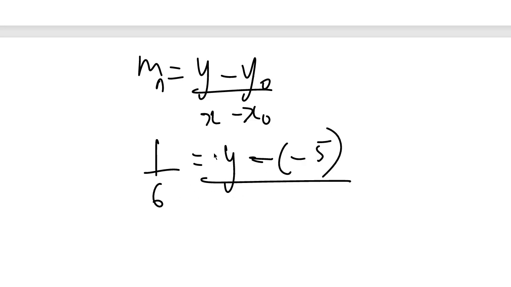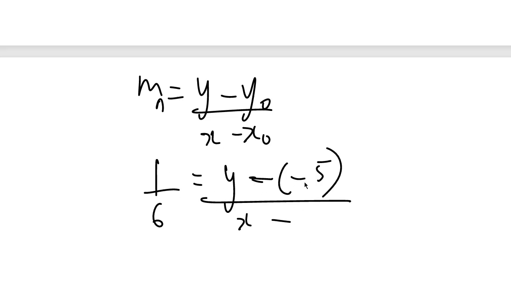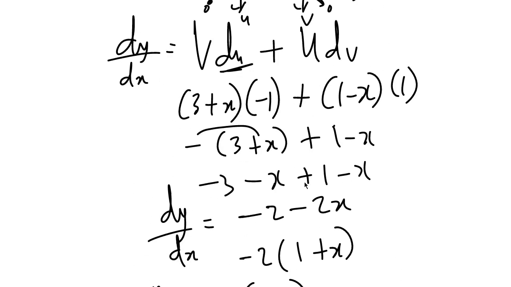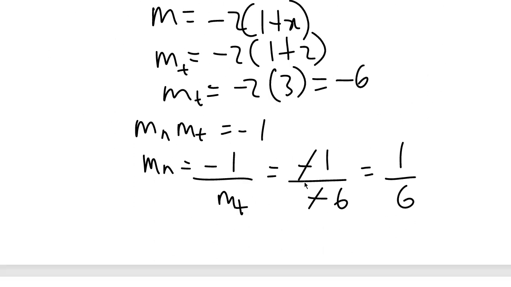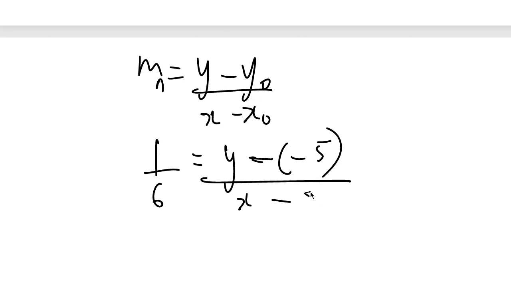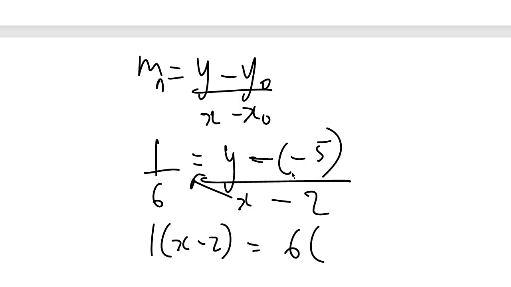Don't forget that. So that will be x minus x0, is it 2 or minus 2? Okay, it's 2. And then cross multiplying through by x minus 2 and 6, you will have 1 into x minus 2 is equal to 6 into what? Negative negative is positive, so we have y plus 5.